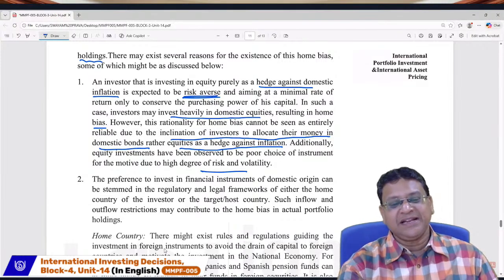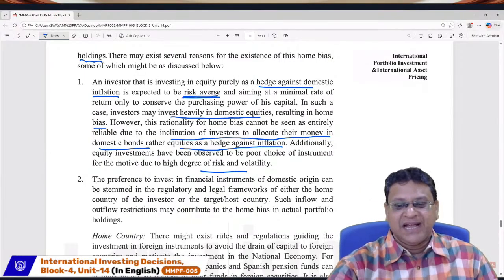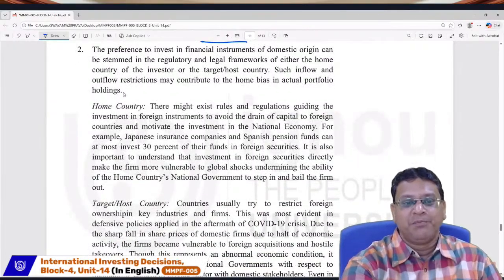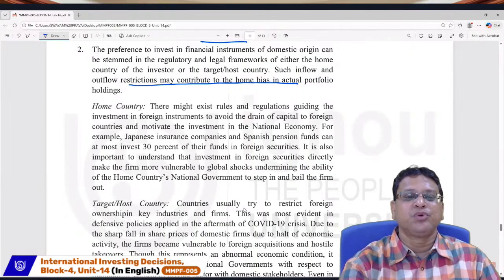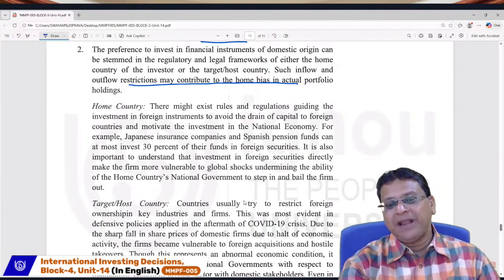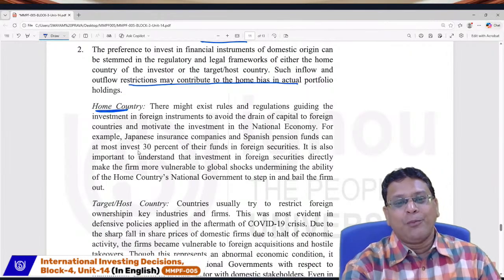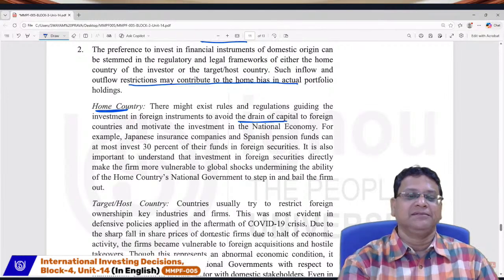Next, the second reason of home bias. The second reason of home bias arises due to restrictions imposed by different countries on their portfolio investments. Normally, in the home country, the government puts restrictions on foreign investment in order to avoid foreign drain of capital.